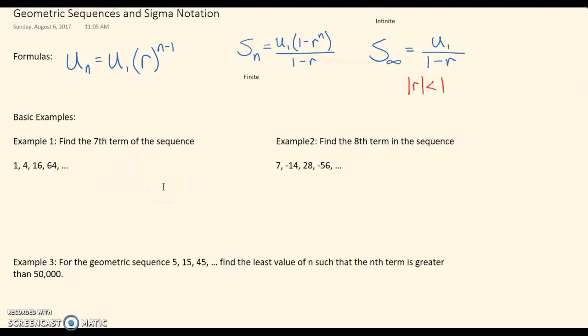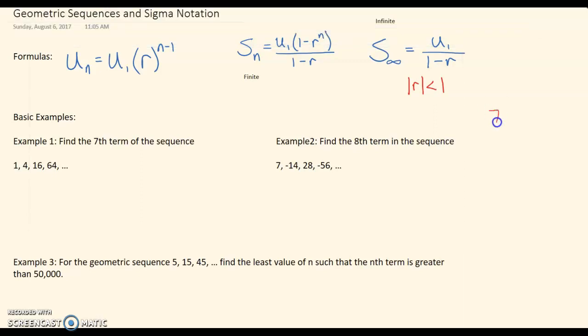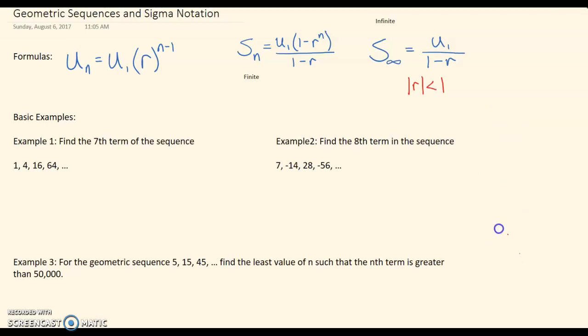But something like 24, 12, 6, 3, 1.5. If you were to add these together, you'd get 36, then 42, then 45, then 46.5, then 47.25. The sum isn't going to infinity, it's approaching some limit, and the infinite sum is that limit.